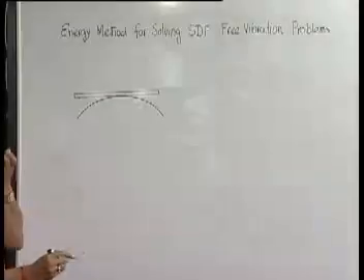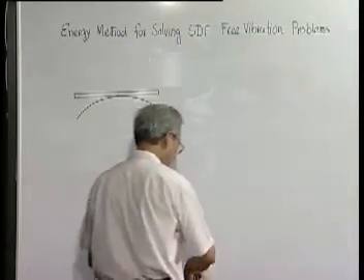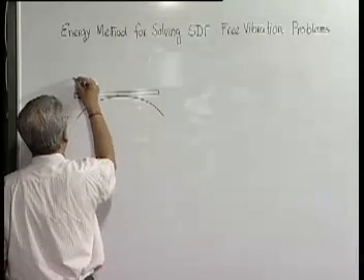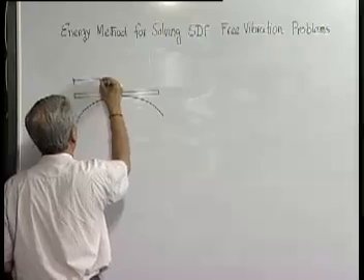A thin rod of length L and mass m is resting on a cylindrical surface.